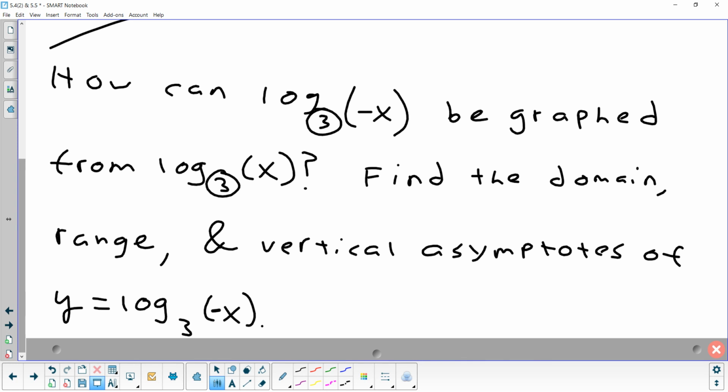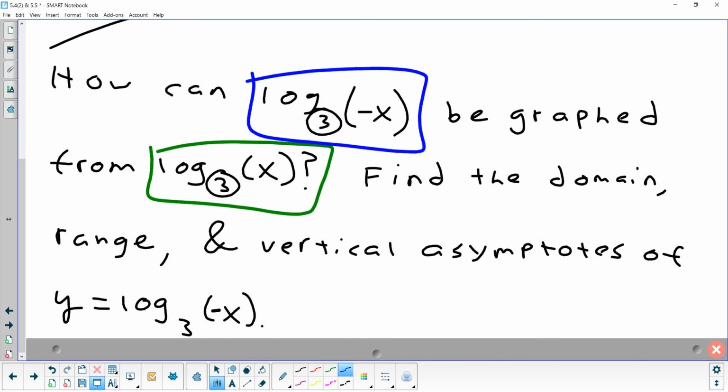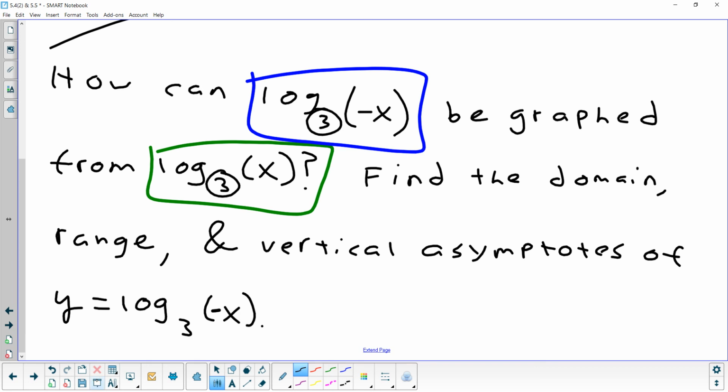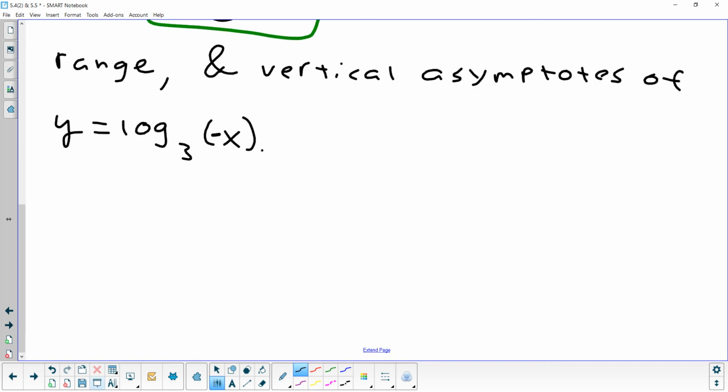All right, so how many transformations are happening to turn what's in green to what's in blue? John? Just one. There's only one transformation that's happening. Can you tell me what the one transformation is?